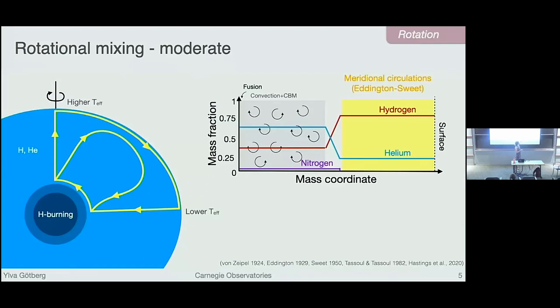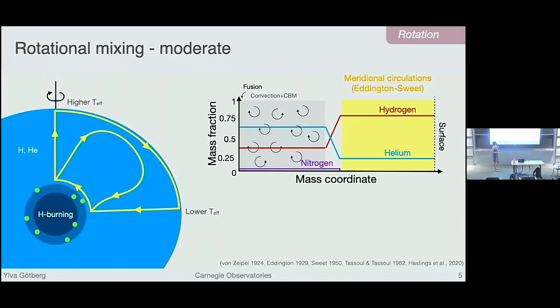It's acting here in the envelope. It doesn't really reach into that gradient. So this is supposed to be really efficient there. And there are models maybe where it can reach into the gradient, but I have not seen them. So what you may rely on is shear. So this is just because I draw the star rotating like this, the shear is going to be towards you, yeah, and acting in that region.